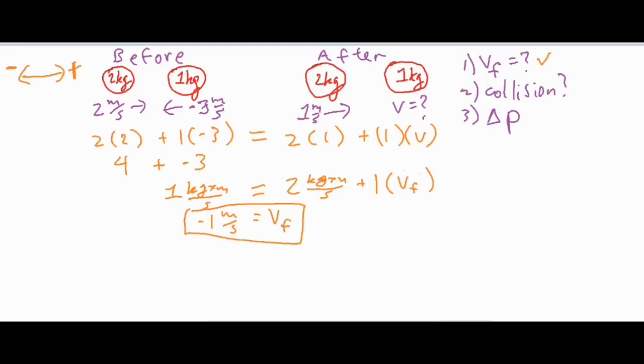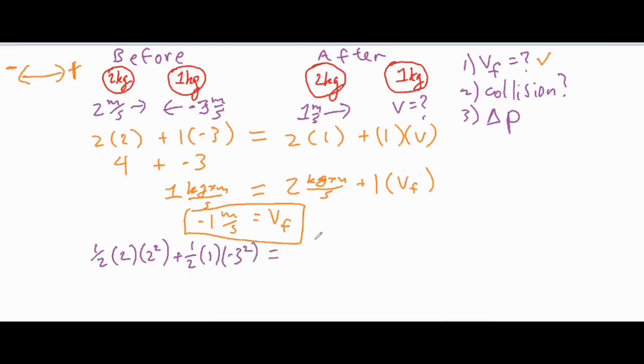The second thing we're going to do is we know that momentum is conserved, but we don't know if energy is conserved. So we want to use the formula 1/2 mv squared, the one that we use for kinetic energy. We already have all the values we need, so we're going to do 1/2 mv squared for our first object before the collision, and then do the same thing for the 1 kilogram object before the collision, 1/2 mv squared.